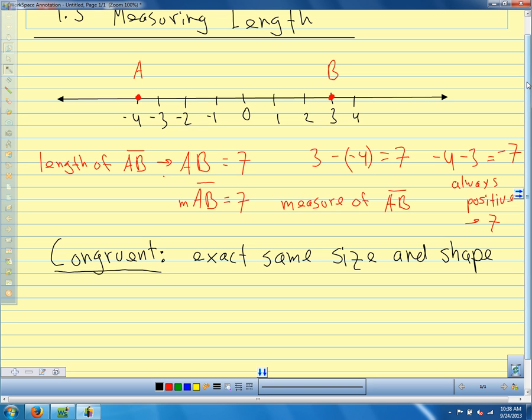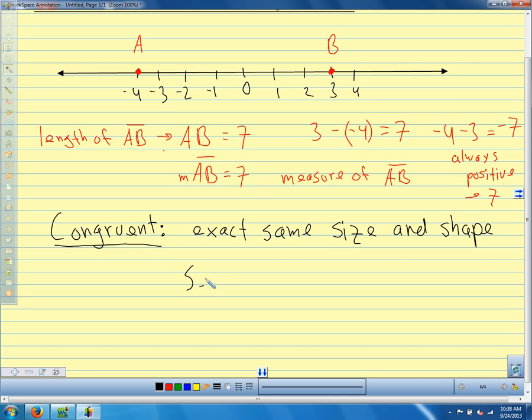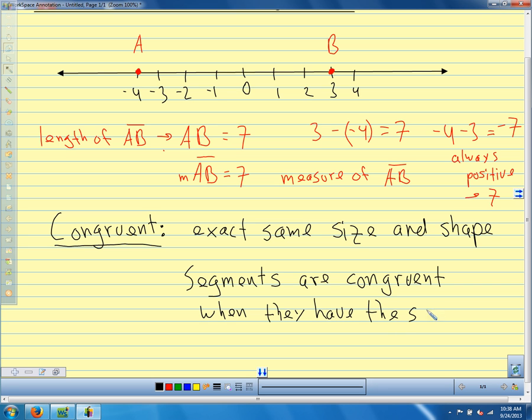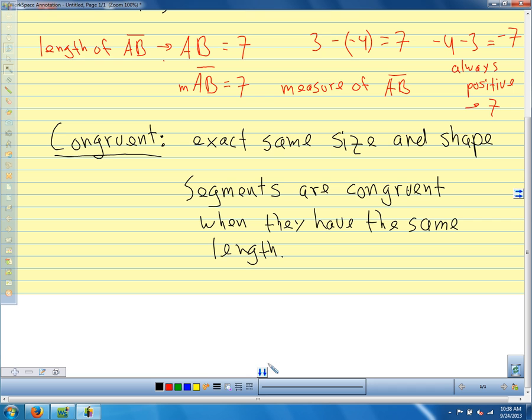That's how we decide if segments are congruent. And it works both ways. If we know that they have the same length, we know that they're congruent. If we know that segments are congruent, then we know that they have the same length. So we're just talking about two different ways of comparing them.